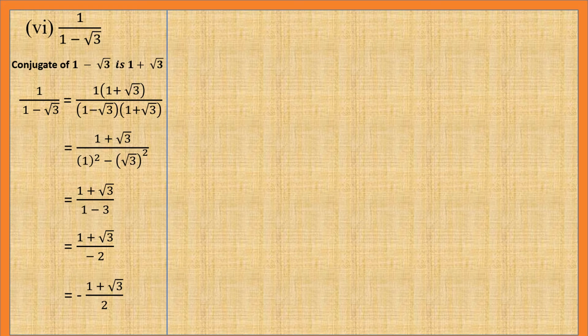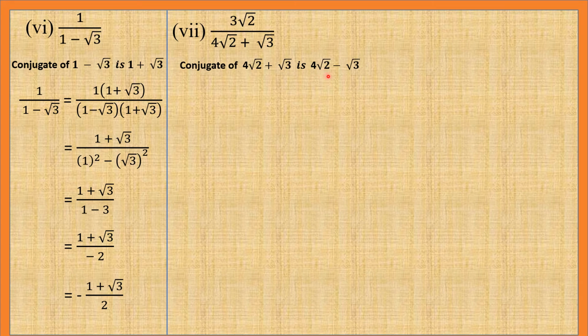We can also look at example 7, part 1. We have 3 root of 2 over 4 root of 2 plus root of 3. Rationalizing this, we have to look for the conjugate of the denominator, and the conjugate will be 4 root of 2 minus root of 3.